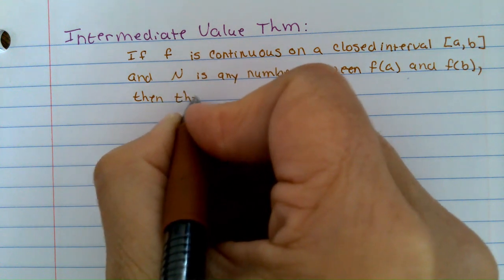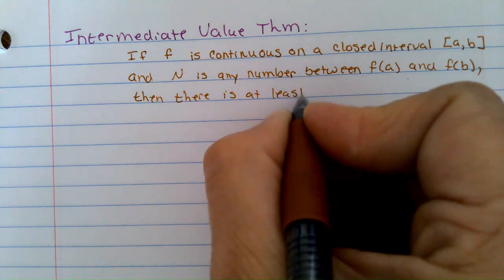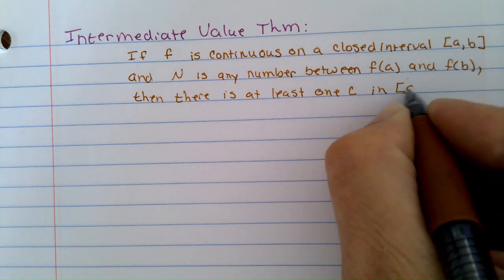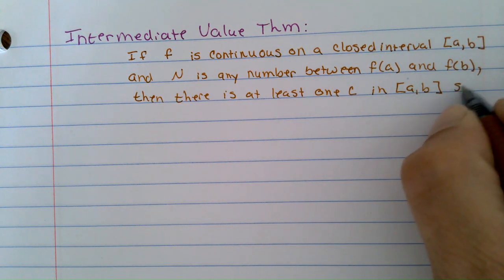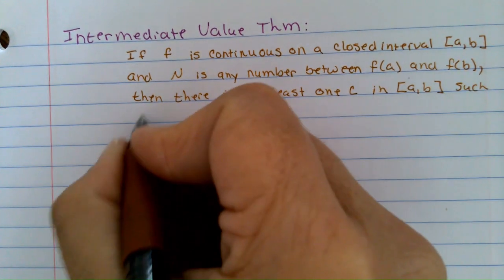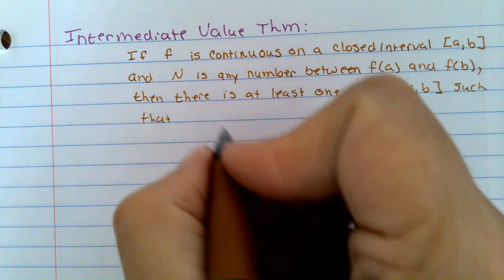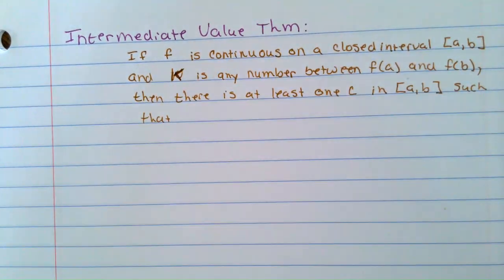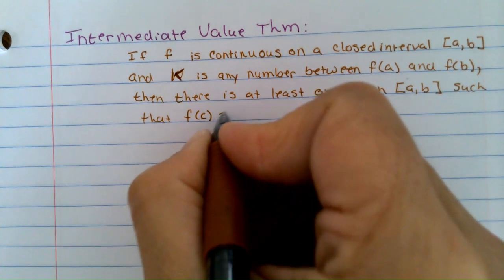Then there is at least one c in A to B such that f of c equals K. I should have called this K. Forgot that I wanted to call it K.